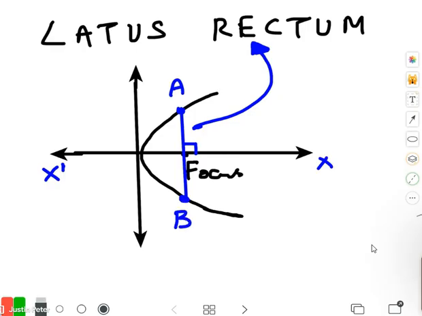Call this as AB, and we will have a directrix as well. So this is your directrix. M is a point on the directrix.